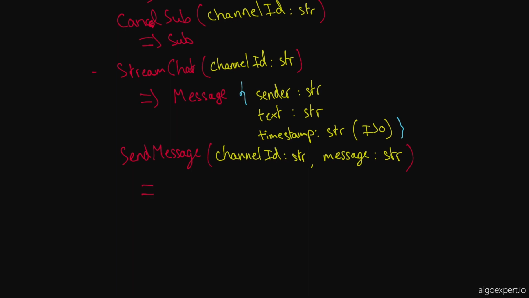So unlike stream chat, which returned a message, I think here we can just get away again with returning a string because all that we need to render when we're sending the message is the string that we sent ourselves, and then we have our own username and our own timestamp to show ourselves. And to be honest, we're not even going to rely on the resulting string to send.